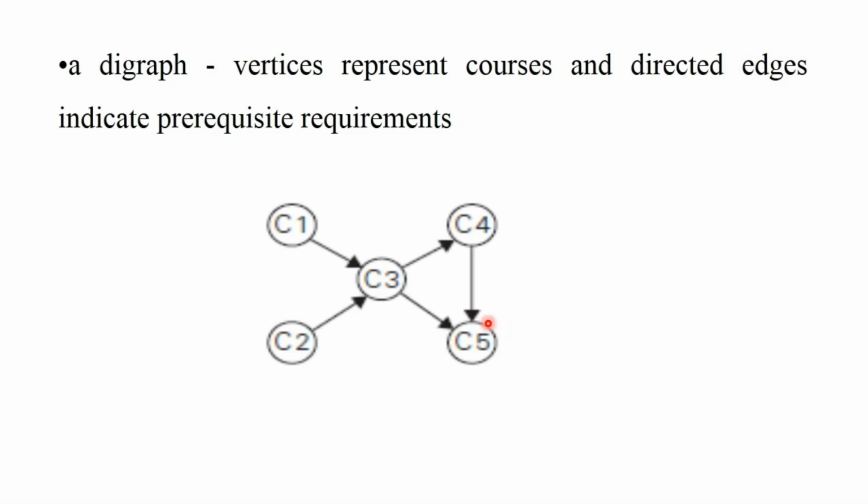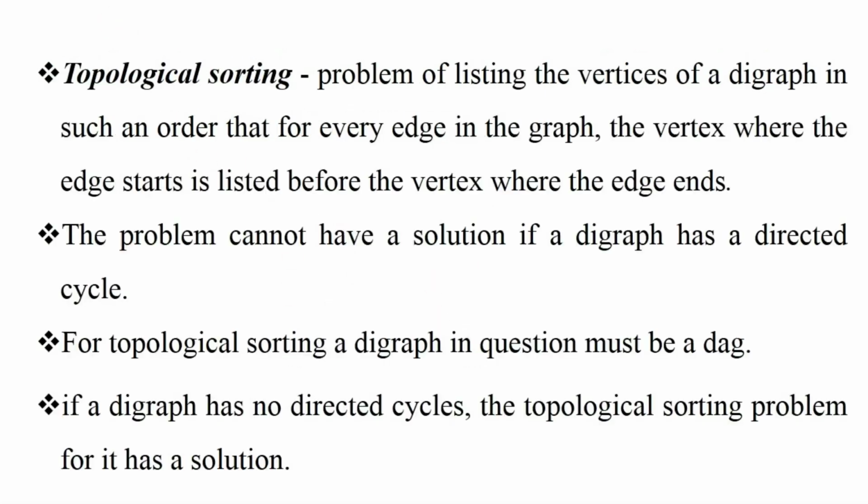And for studying course C5, both C3 and C4 need to be known. So we have directed edges from C3 and C4 to C5. So a directed graph is representing the requirements, where the courses are represented by the vertices or nodes and directed edges represent the prerequisites.